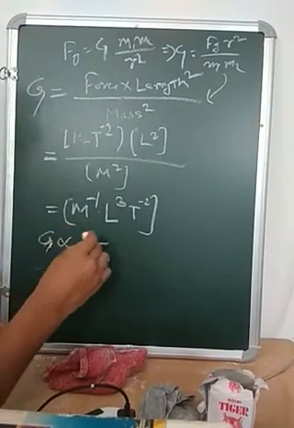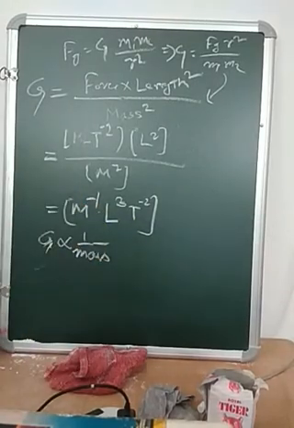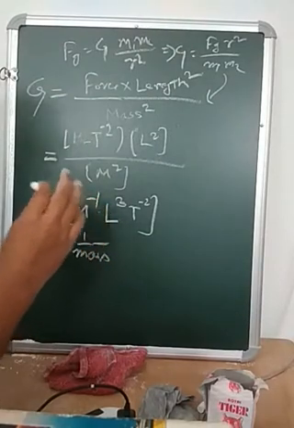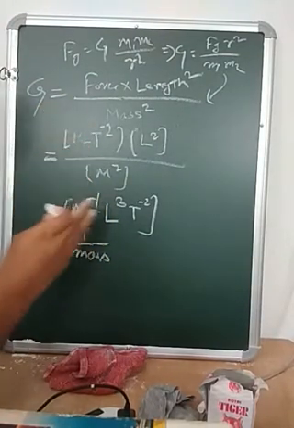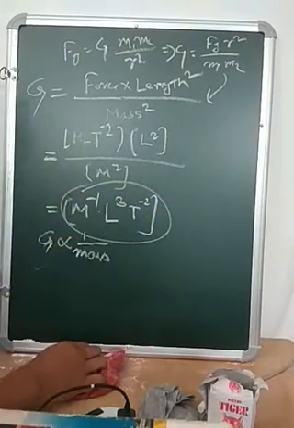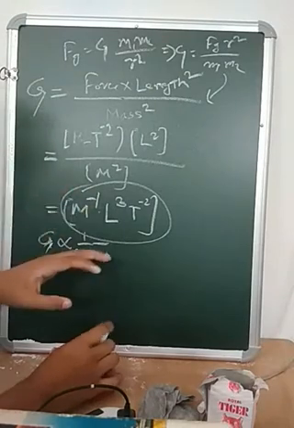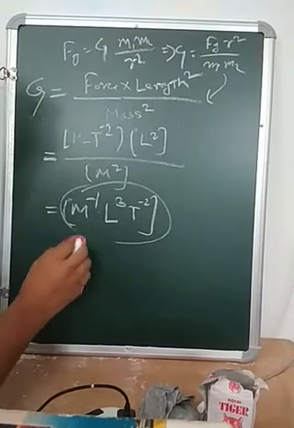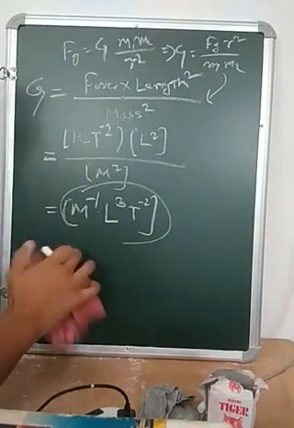Then when length increases, G will increase. So from this we see how any physical quantity is related to the base quantities. Actually, for this we have to look at some other terms also.